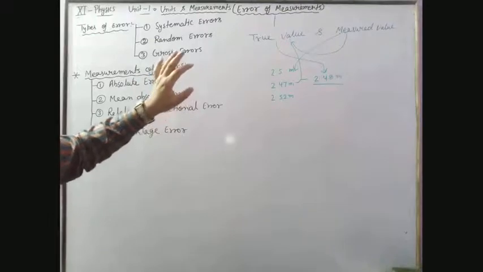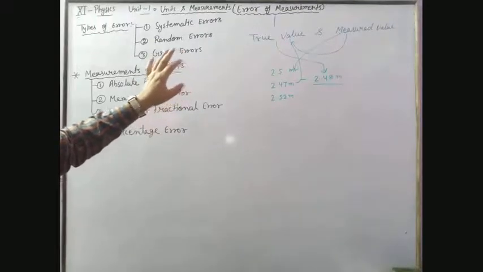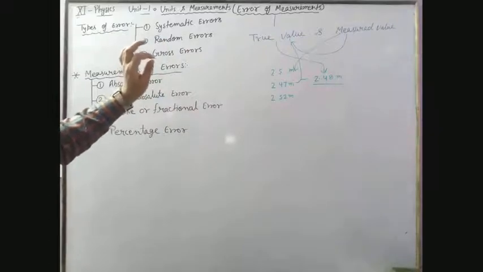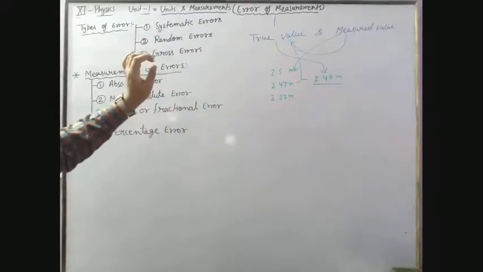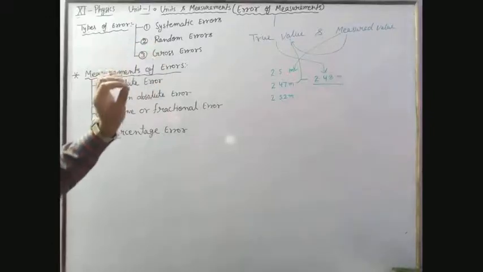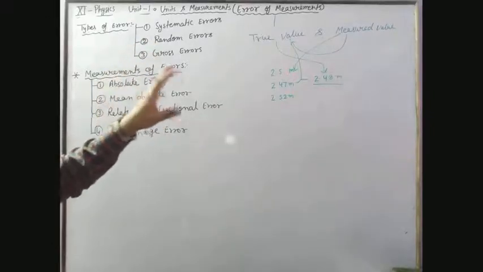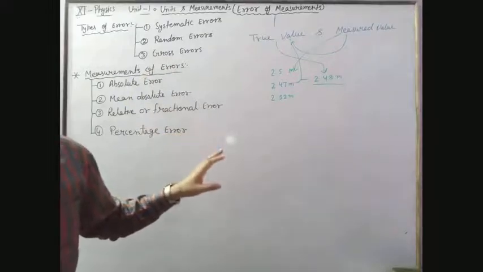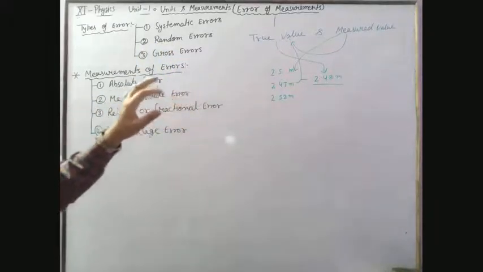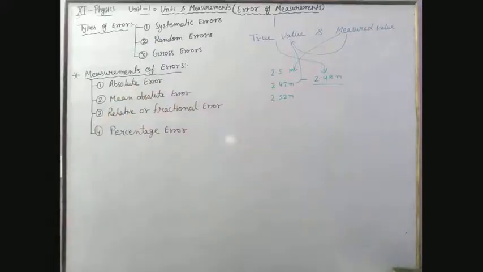Then we define random error as the error which occurs irregularly due to unpredictable variation of the experimental values. And gross errors arise on account of the carelessness of the observer.